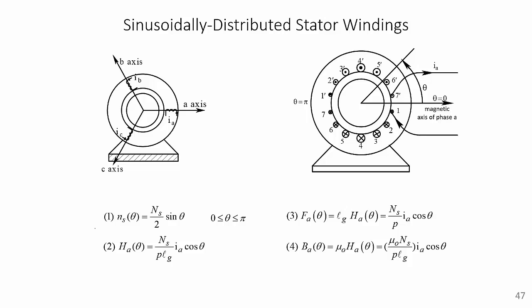The winding distribution density as a function of angle theta is given by equation 1. Consider the stator slot at 90 degrees. Let's assume that the slot has 10 turns, which means that a slot at an angle 30 degrees away from it would have approximately 10 times sine of 60 turns in that slot.